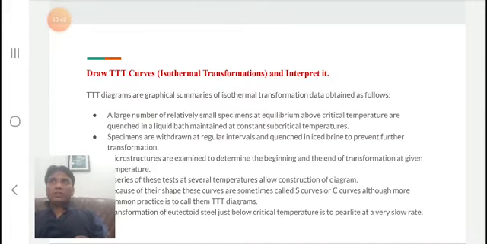So each and every specimen is treated with a different cooling rate, and it is tested at each and every point by observing the microstructure, how exactly the austenite is transforming into the different microstructures. Microstructures are examined to determine the beginning and the end of transformation at the given temperature. A series of tests at several temperatures allows construction of the diagram.